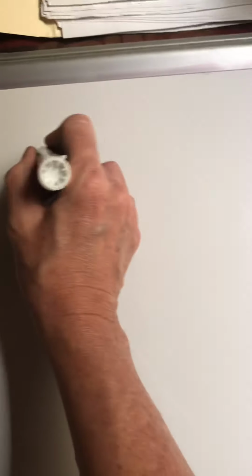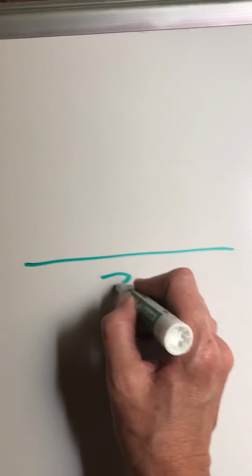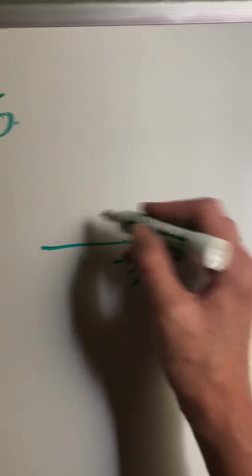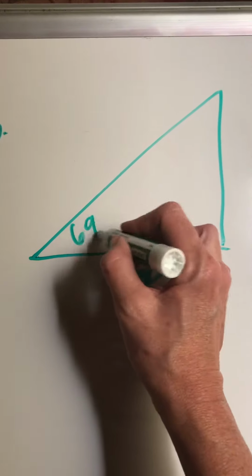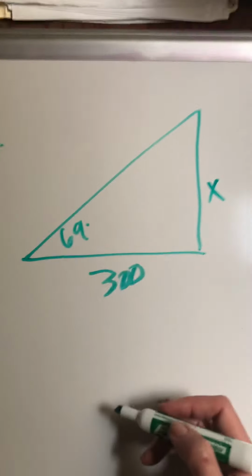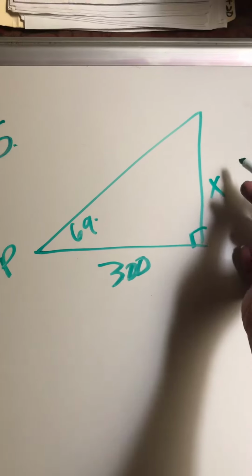Okay, then let's see on number 5, a person standing 300 feet away from the building has an angle of elevation of 69. We want the height of the building. So here's the person standing 300 feet away. We want the height of the building.